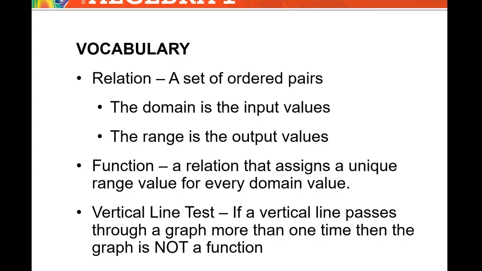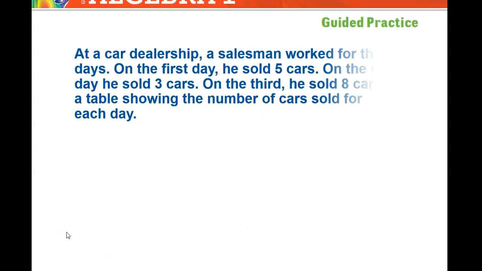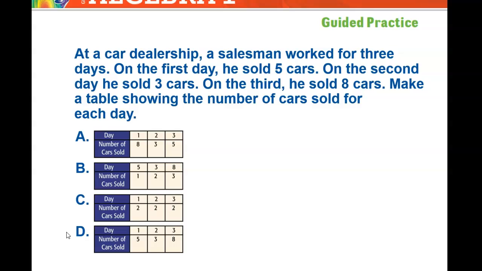An easy way to do this is to graph our points and to see if it passes the vertical line test. So last time, we focused a lot on domain and range and making sure we could understand how to find those from a graph. What we're going to do now is take that same concept, but apply it with the idea of a function.